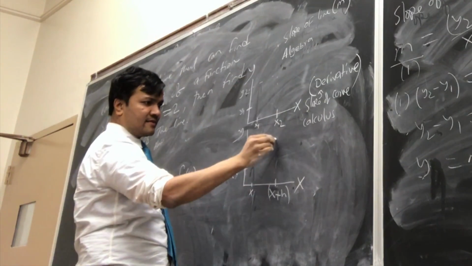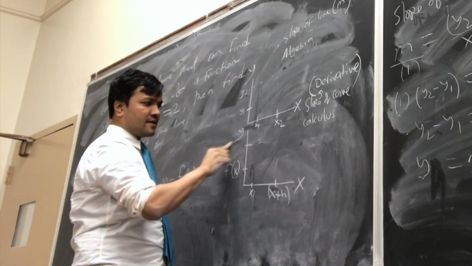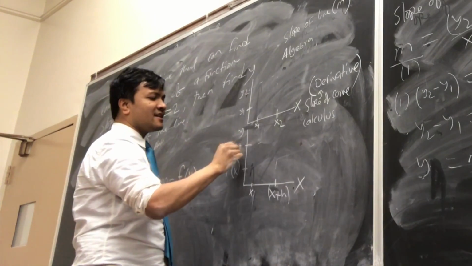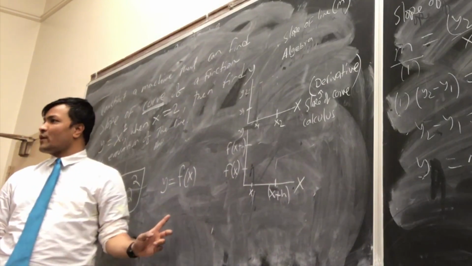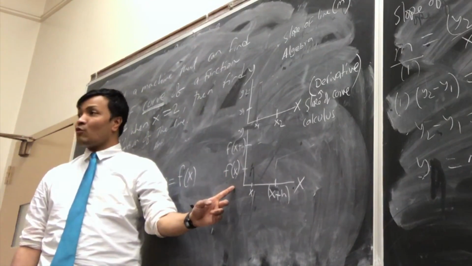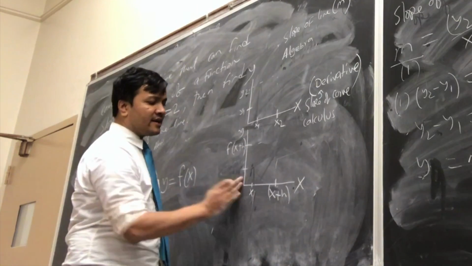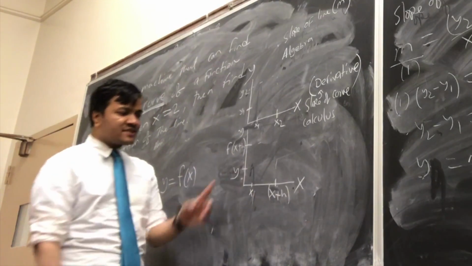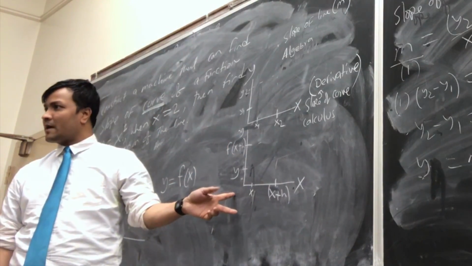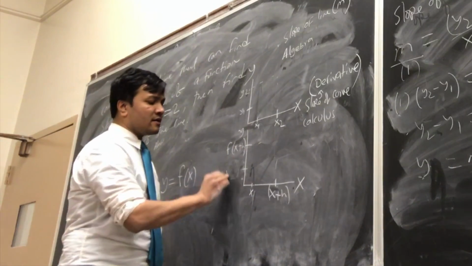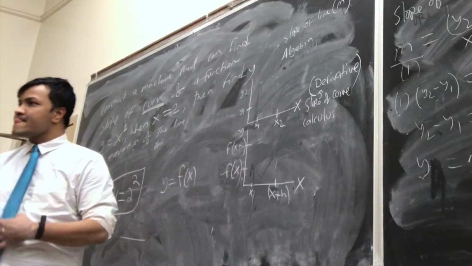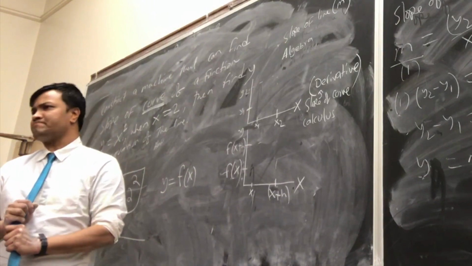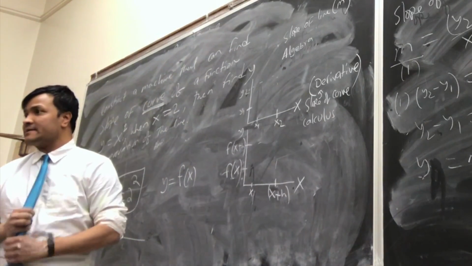What is this one then? f of x plus h. Okay, very good. That was the reason we use this one instead of y. If we write y and we write f of x plus h, then they don't look the same. We try to make them look as same as possible. Sometimes that's not easy, but sometimes it is. At least you can try.